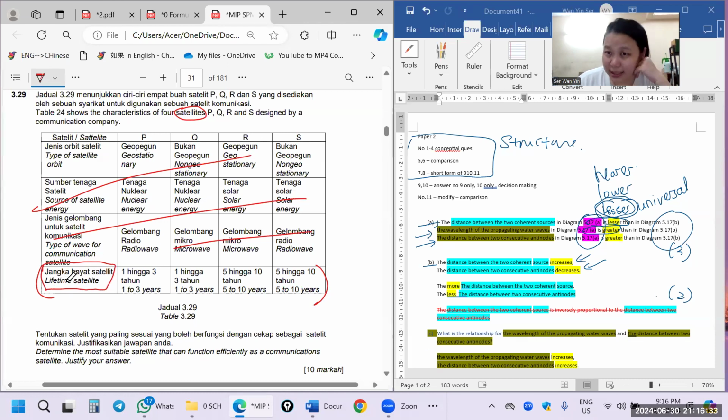Just common sense. Lifetime of satellite should be which one? Please type your answer in the chat. Thank you, Jella. So actually you only have 2 choices.